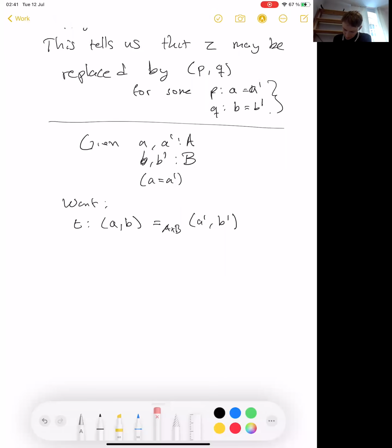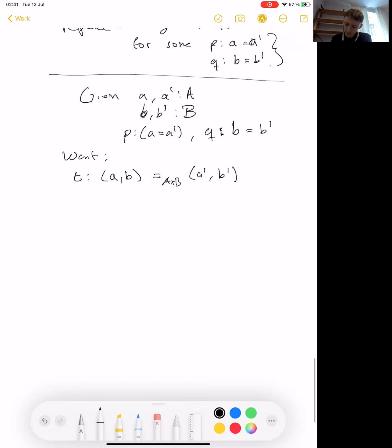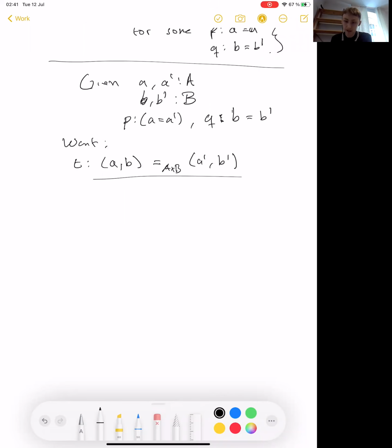Now we can forget about Z and just use P and Q everywhere. So now we're given A and A prime in A, B and B prime in B, and we're given a proof that A is equal to A prime, and a proof that B is equal to B prime. And we still want something of this type. That hasn't changed. There was no Z appearing in there. It's the same as before.